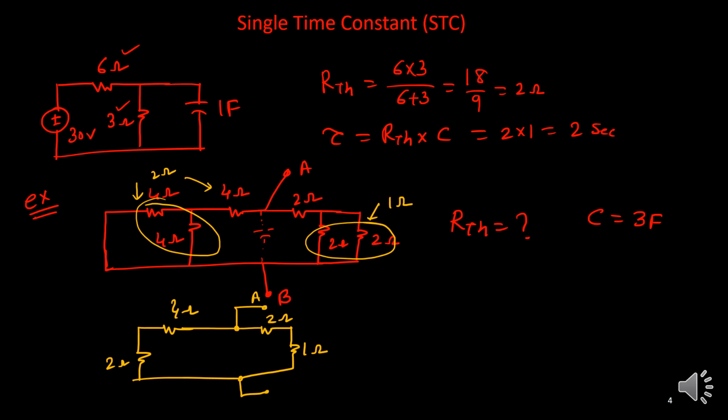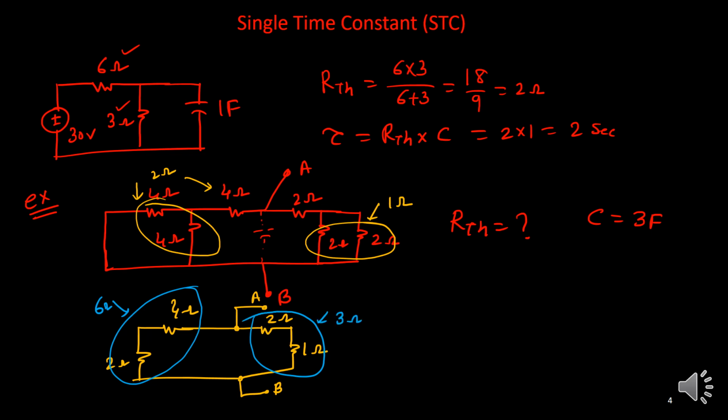This is your A and this is your B. Now I can rearrange again. Now you can easily see that these two I can combine, it will give you 6 ohm. These two I can combine, 2 plus 1 is 3 ohm.